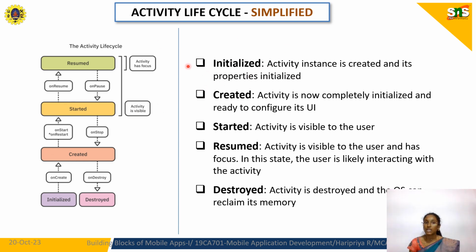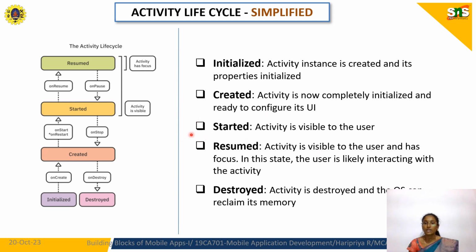The first stage is initialized, when the activity is first created on your mobile phone. The second is create. For example, we enter Google Play and sign in with the email address. That is called the created activity.